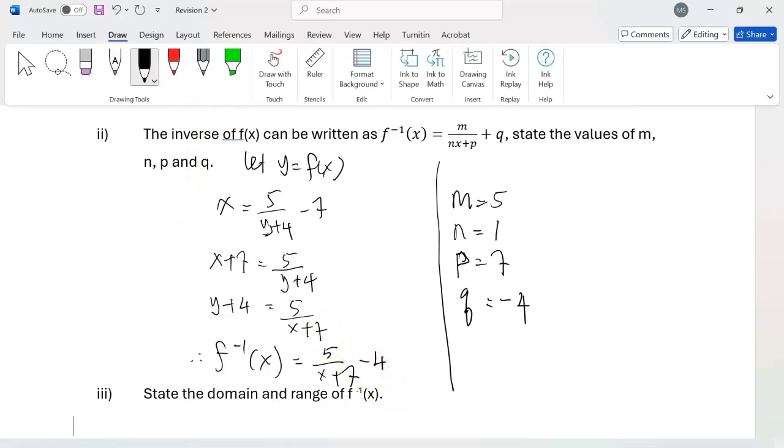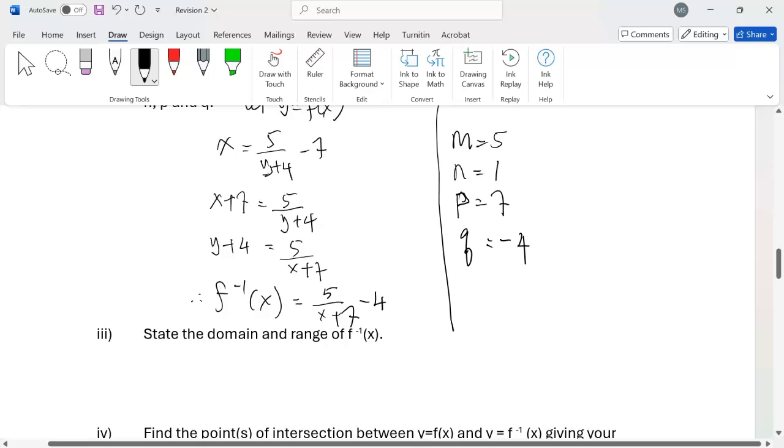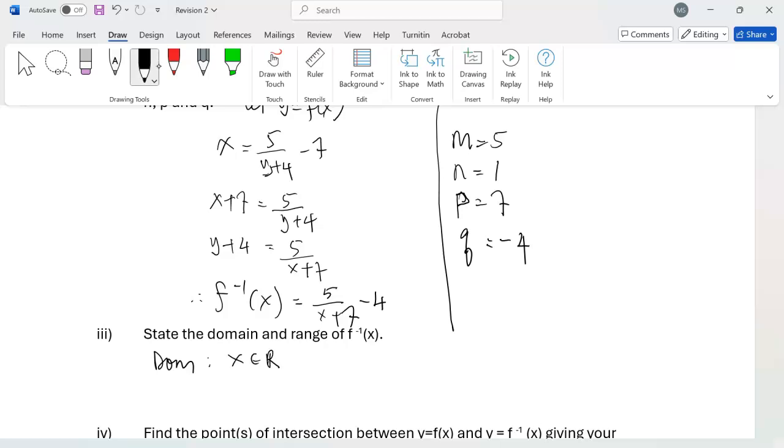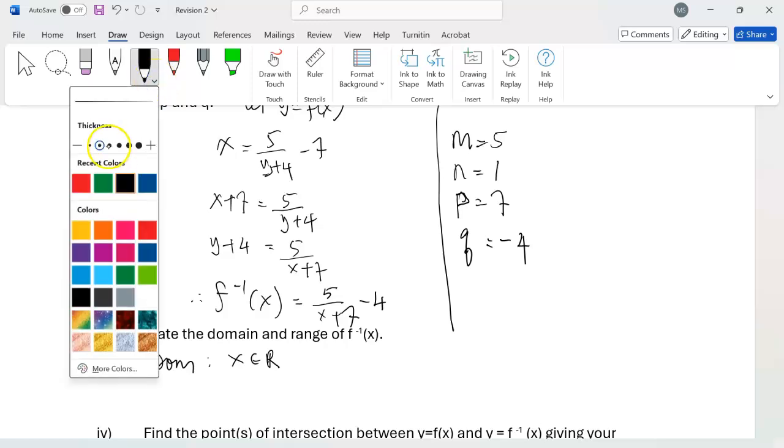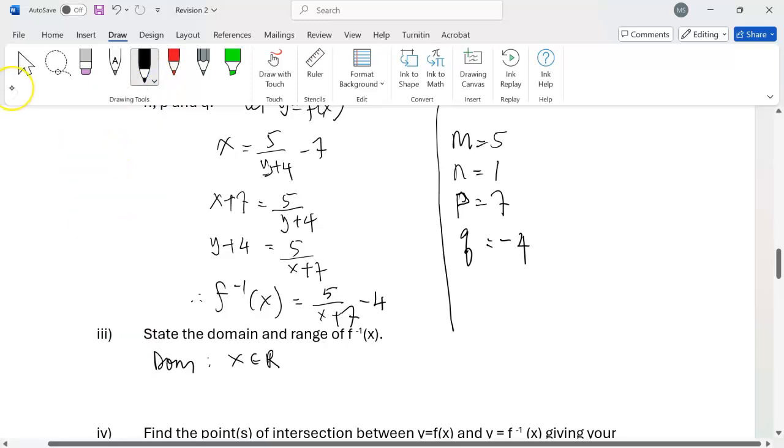You are asked to state the domain and range. The domain is actually the range of the earlier one. Earlier we said x cannot be negative 4, y cannot be negative 7. So in this case, your domain: x should be an element of the real numbers except negative 7, which is the earlier range.